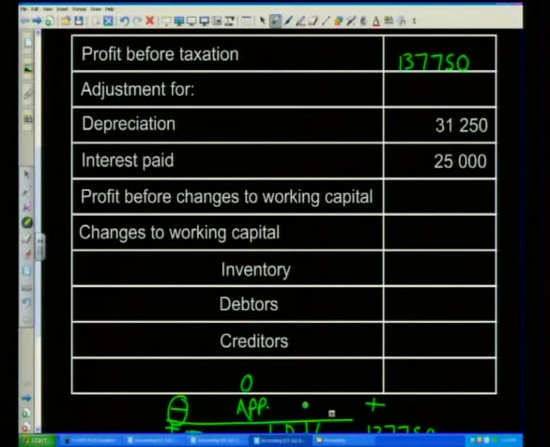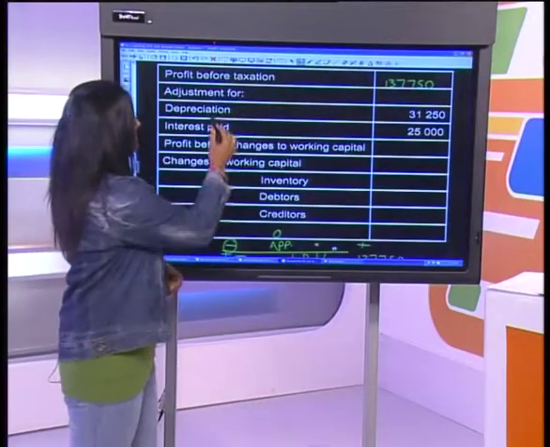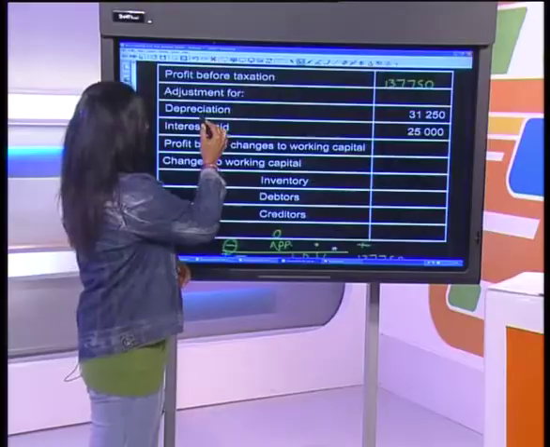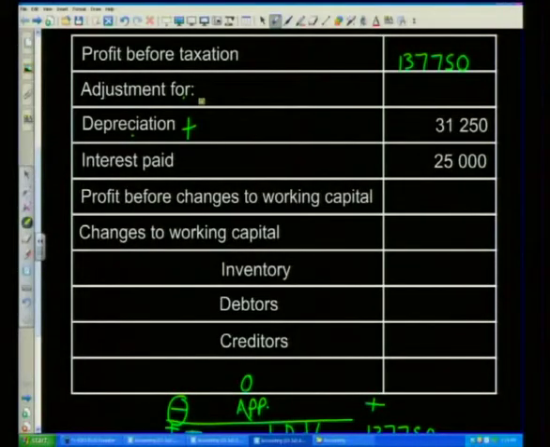Then back to the note, I need to make an adjustment for the following items: depreciation, which I need to add back, and then I need to make an adjustment for interest paid, which I also need to add on. I've already recorded the amounts for you because we don't have to do any calculations.